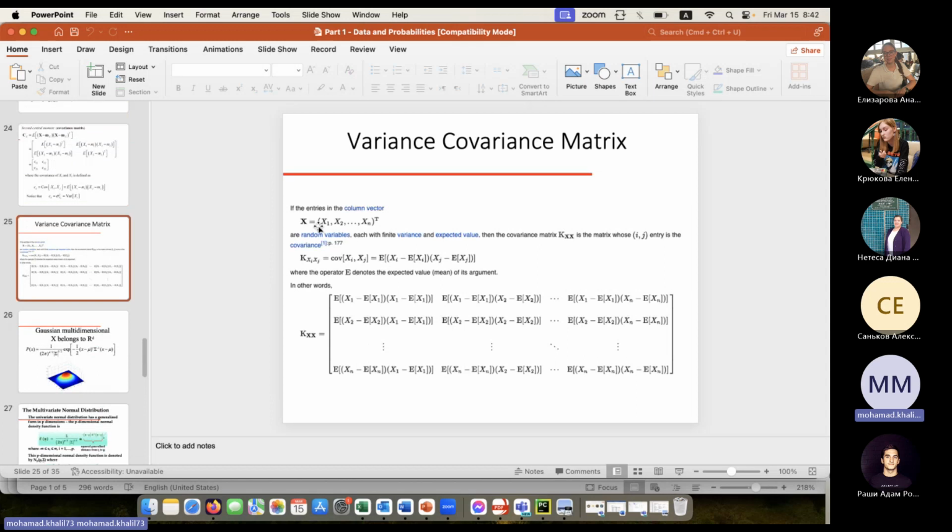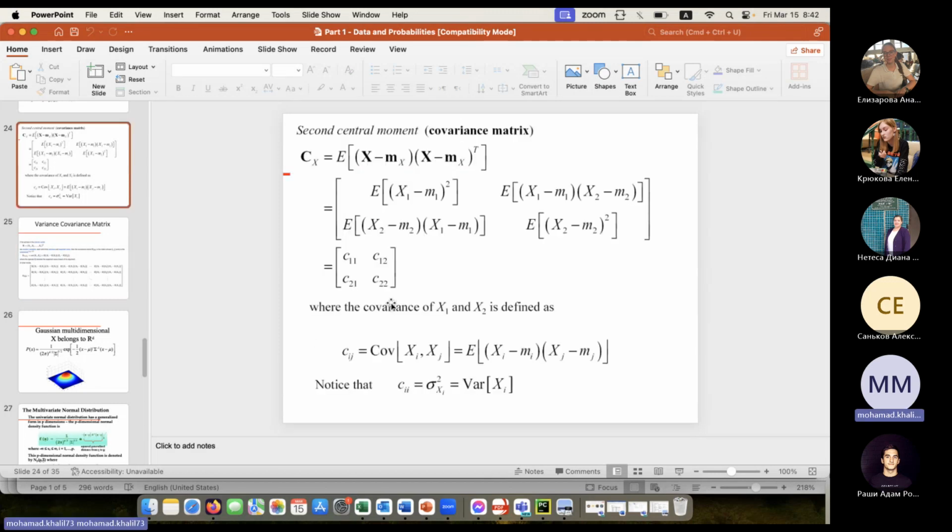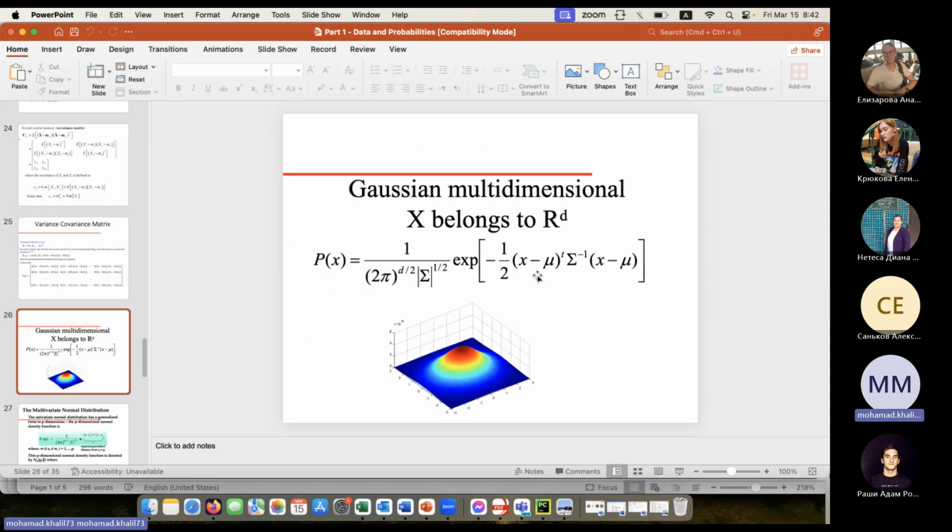The values, if X equals x1, x2, ..., xn, sigma is the variances and covariances, n times n. If you have only x1, x2, x3, the matrix is 3 times 3. If x only contains x1 and x2, the matrix is 2 times 2. So the matrix is always n times n. If x belongs to R^d, sigma is always d times d.